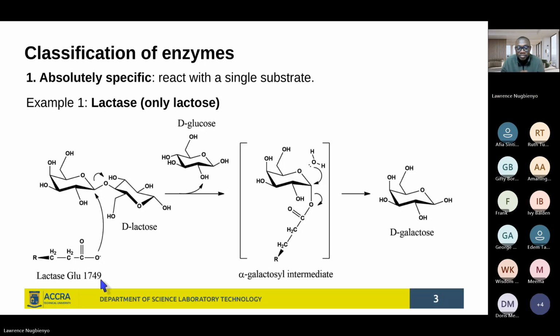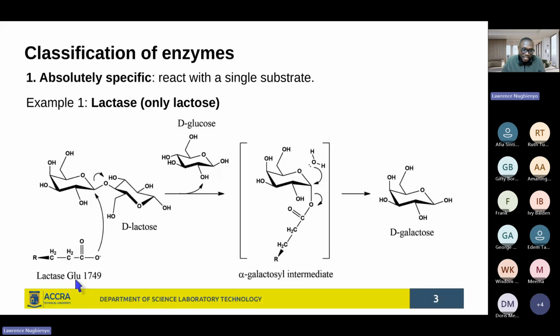So if we are looking at the amino acid sequence in the structure of lactase, that is, if we are counting the amino acids that are bonded to each other to give you that big molecule, we are counting from first amino acid, second, 3, 4, 5, 6, all the way into the thousands. At the 1749th position is glutamate.